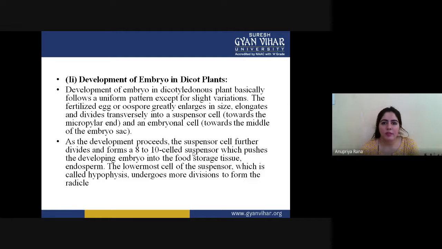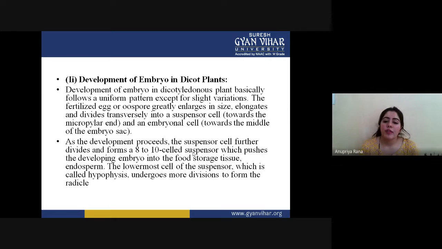So what is the suspensor's work? It just has to push the embryo inside the endosperm. And why does it do that? Because the embryo needs a large amount of nutrition. So if it pushes the embryo towards the endosperm, the rate of absorption of nutrition will increase. In simple terms, the embryo can get more nutrition.